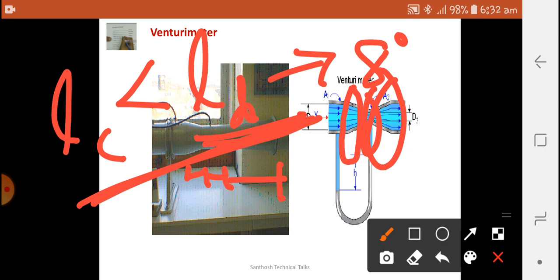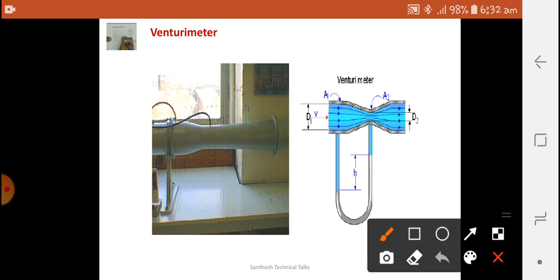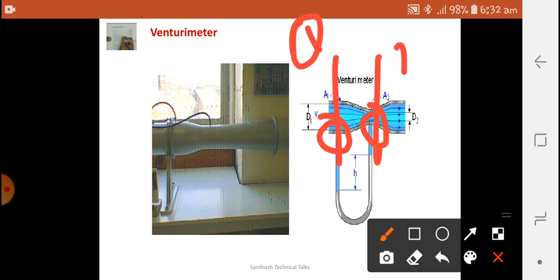In the Venturimeter, the pressure difference is found between the entry of the pipe, that is the convergent entry, and the throat. Say this is section 1 and this is section 2.